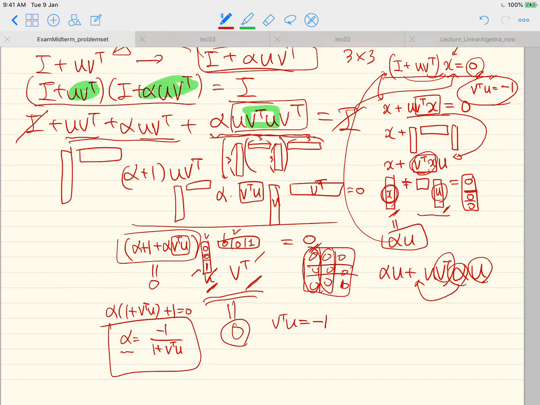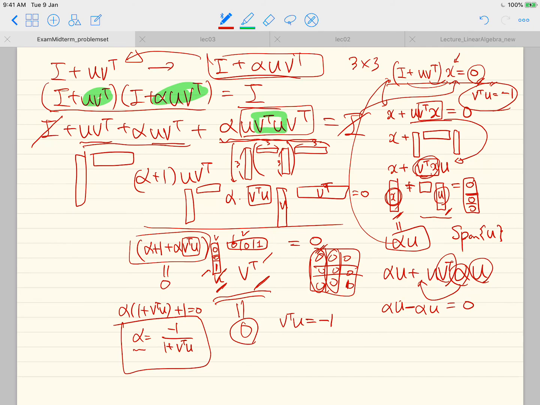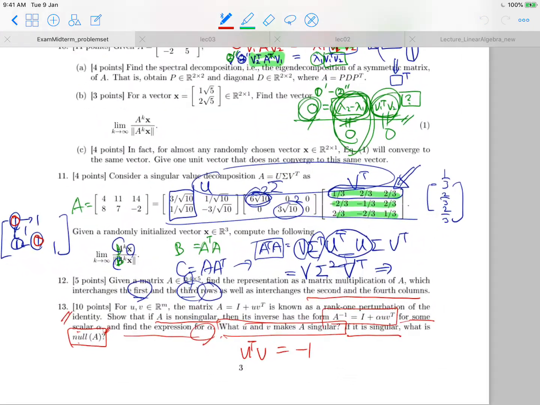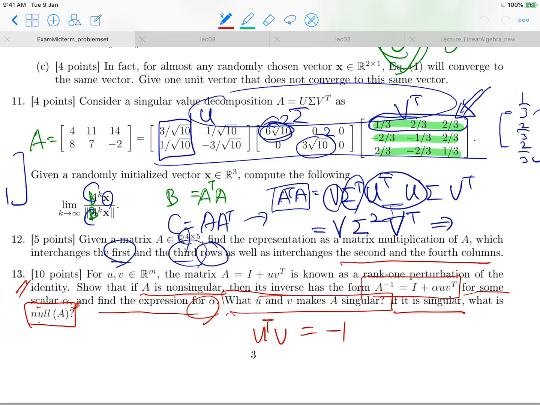So alpha u minus alpha u. Okay, so we verified that if we set x as alpha u, then it will be our null space. Or more exactly, the null space is represented as the span of u. Okay, so that completes the solution for the last problem.